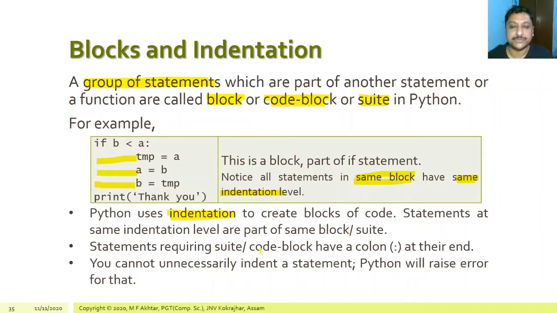Statements requiring a suite or code block have a colon at their end. The statement which needs a block of statements must end with a colon. You cannot unnecessarily indent a statement.